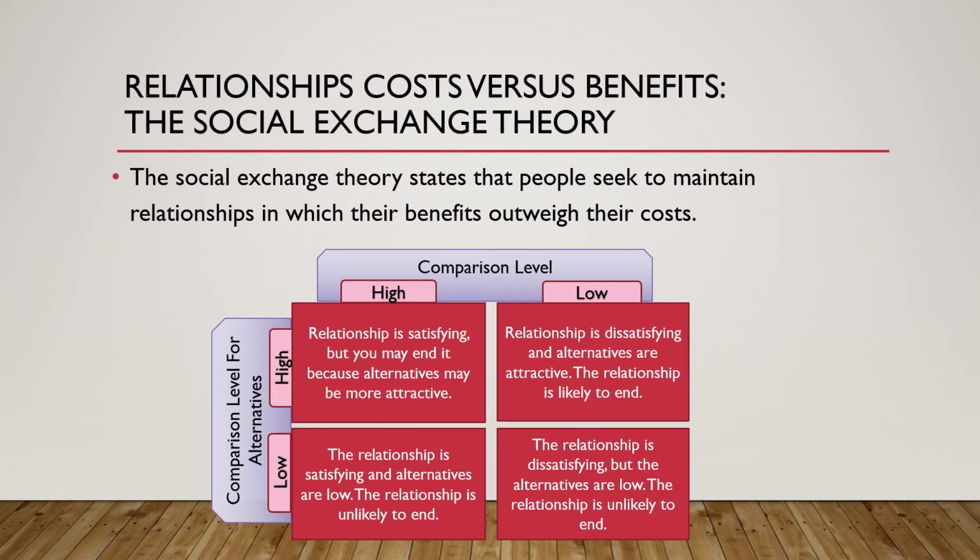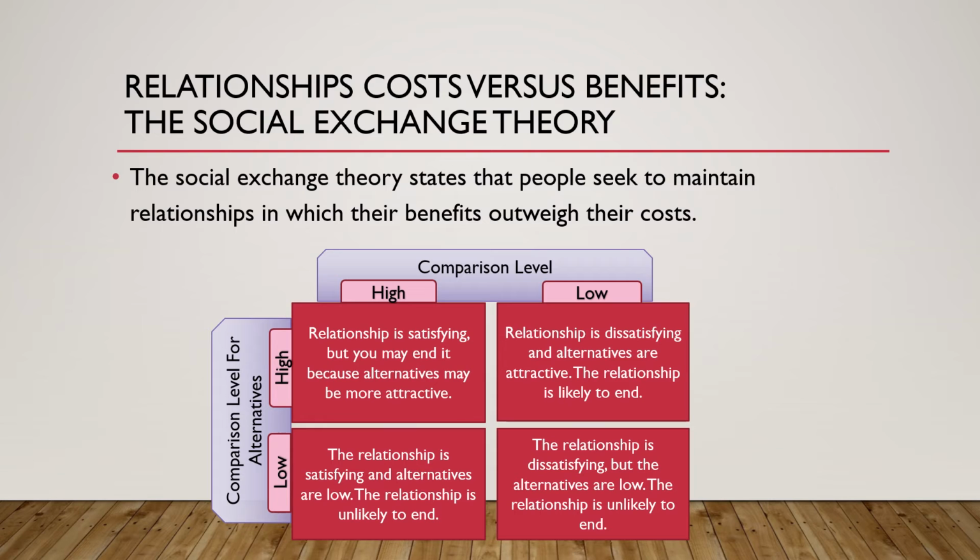So if we think about, what do I deserve from being in a romantic relationship, and what is a realistic expectation of the behaviors, the rules, the expectations, the norms of what it means to be in a romantic relationship, and how my romantic partner should perform. And when the actuality, your perception of being in that relationship, those behaviors match the realistic expectation and what you think you deserve, then you're going to be satisfied. When it doesn't, then you're going to be low on comparison level, and you're going to have low satisfaction. And we'll talk a little bit about that in just a minute.